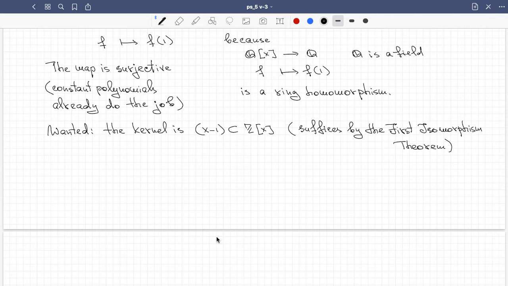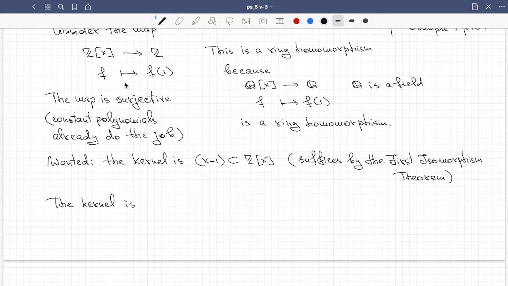And in fact, what is the kernel of this map? This is a map which takes a polynomial to its value at 1. So the kernel is the set of all polynomials such that the value at 1 is 0.